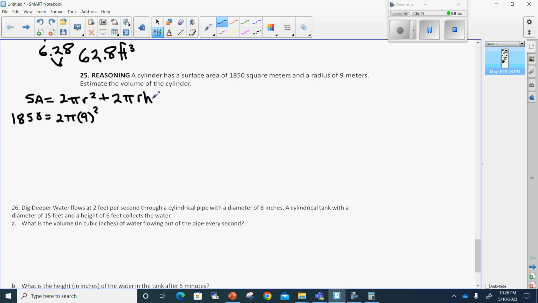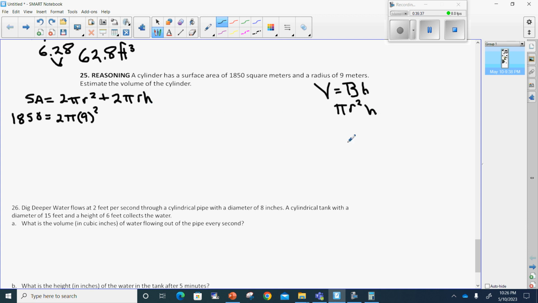Actually, we know what the radius is. We're trying to find, I guess, the height here, aren't we? Let's see. Estimate the volume. I'm going to double check this. Volume equals the base times the height. The base of a cylinder is going to be pi r squared, and then times the height. All right, so that's where the issue is.